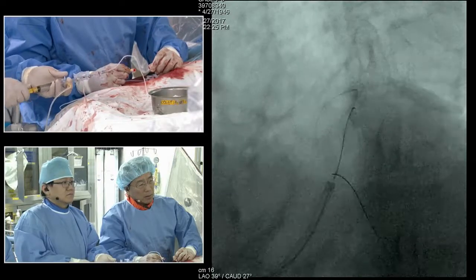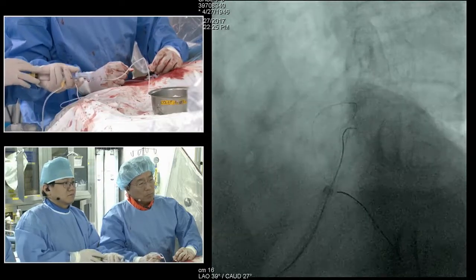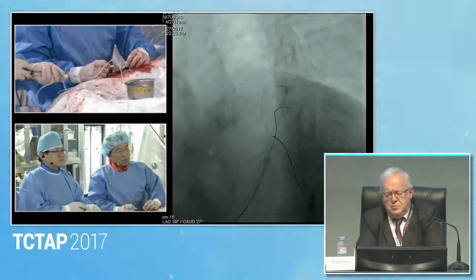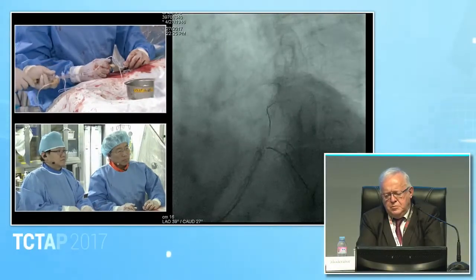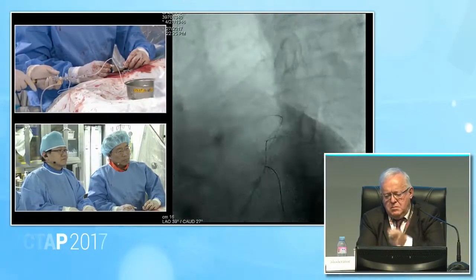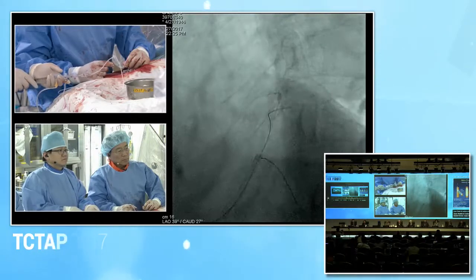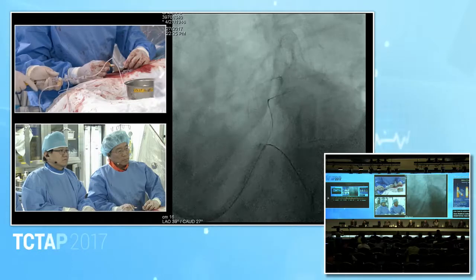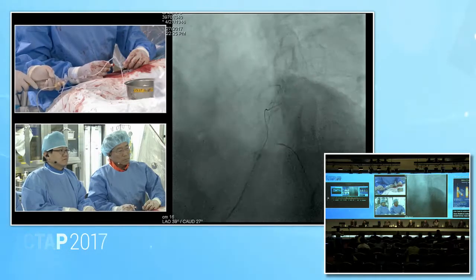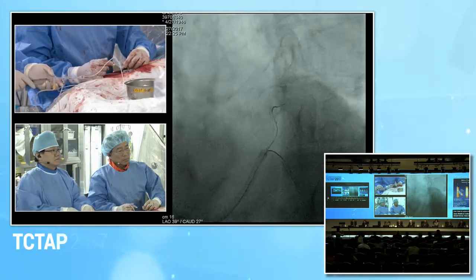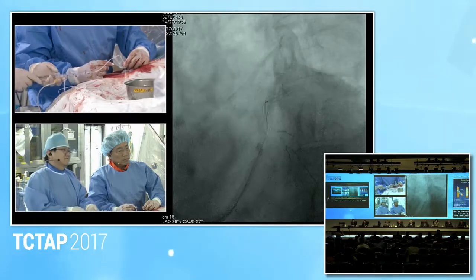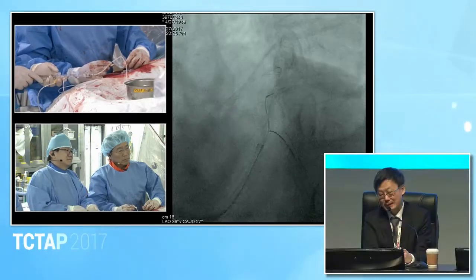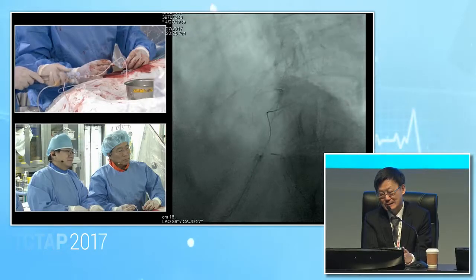I find this angle still does not truly separate the bifurcation, so you really don't know where exactly the side branch takeoff is. But I can see this is Choice PT, right? It's already passed through the same shroud. But the true bifurcation by this angle is difficult to see. How often is it probably difficult to pass, and you need a Crusade double lumen microcatheter to assist?